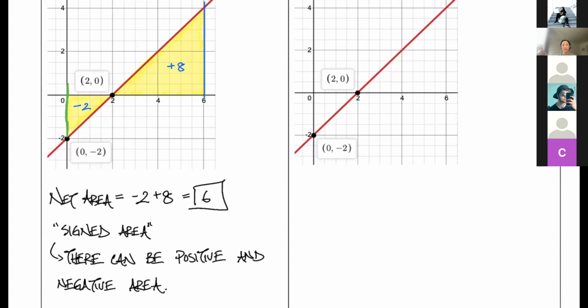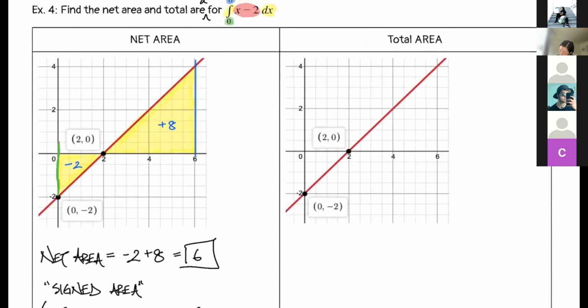So total area, we're still going to start and stop in the same place because our integral says so. We start at 0, we go all the way to 6. But this time, we're going to say that this area is still positive 8 and this area is still -2.